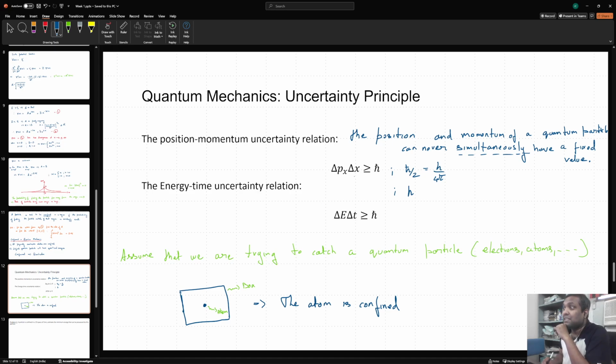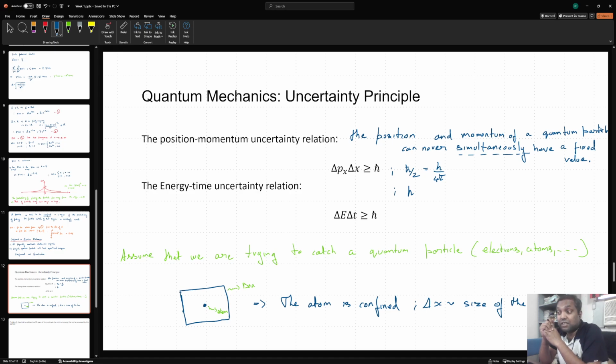Now delta x is a measure of the size of the box. What this relation is telling me is that the smaller I try to make my box, the smaller the value of delta x will become.